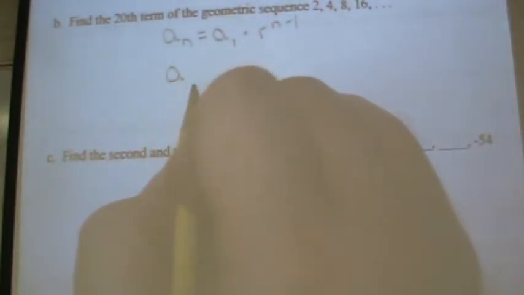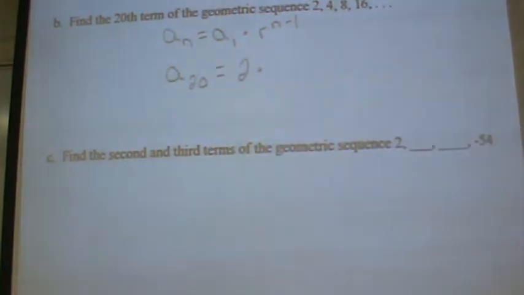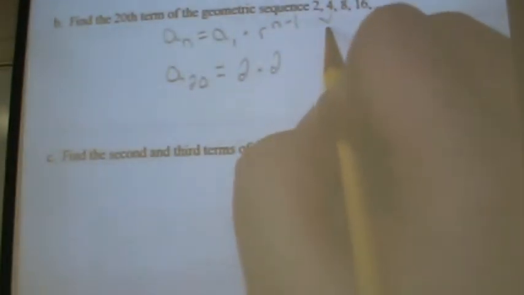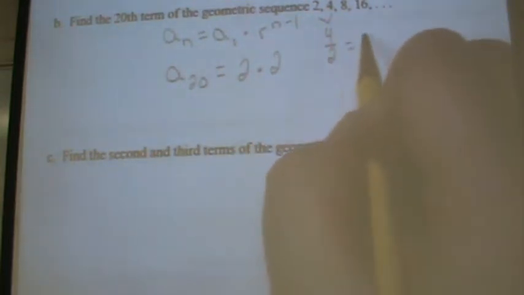So what do we know this time? A sub 20, and the first term, which is 2. Our common ratio is also 2 this time. And again, how did we find that? I'm going to emphasize it every time because it's very important.